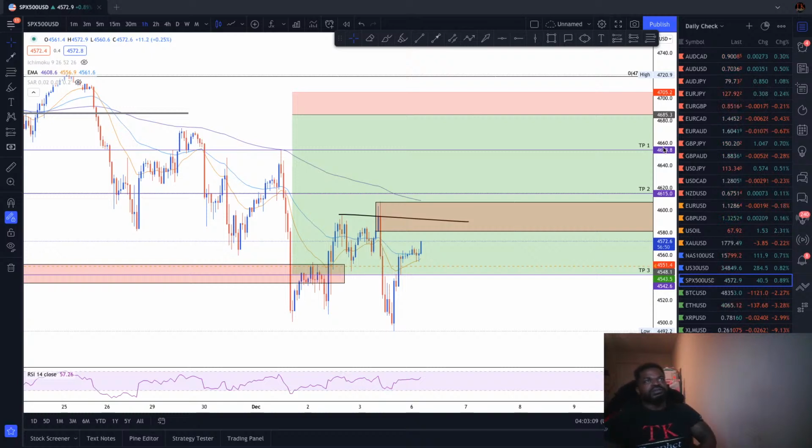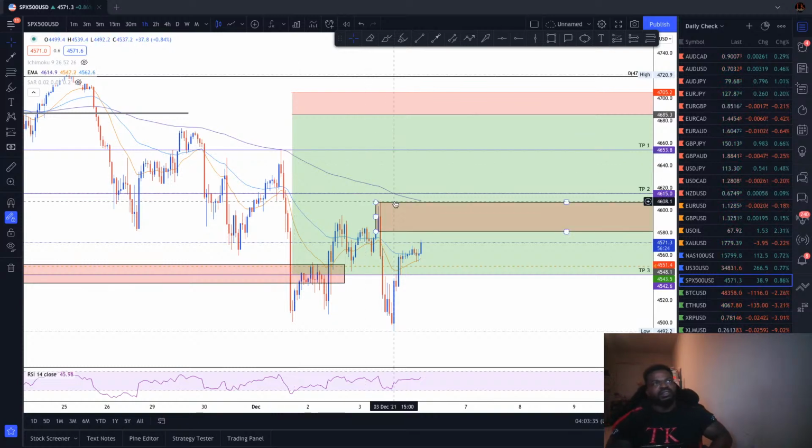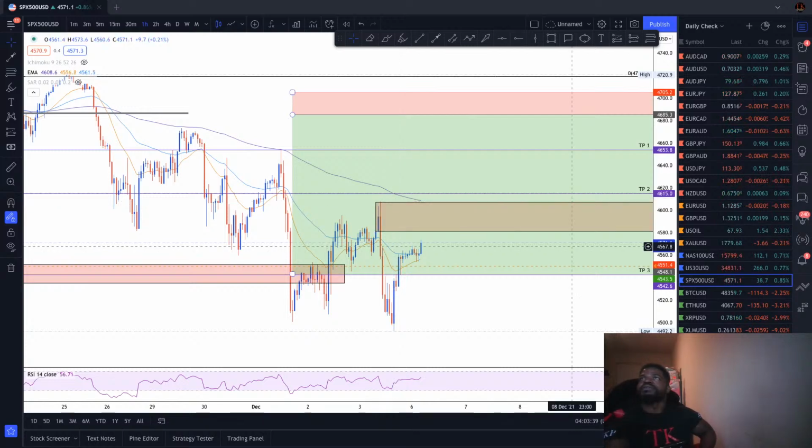Cool. So right now it looks like pretty much everything is pulling back to retest the highs before determining the next move. We're trading up into a lot of resistance. We got this structural level here. We have the 200-day EMA moving downward, also acting as resistance. So let's see how it affects price once we reach those areas.